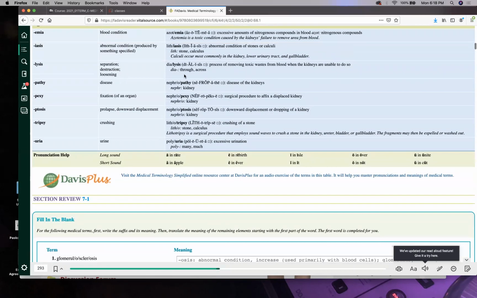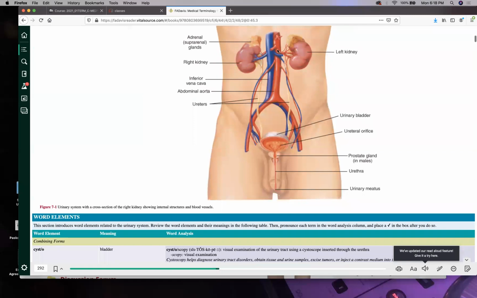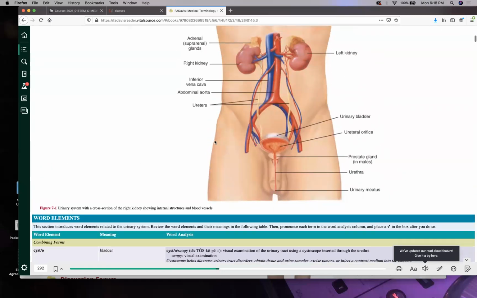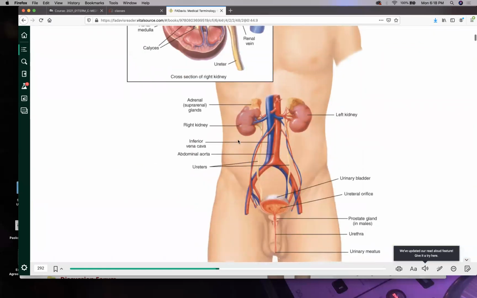Nephropexy. Now, this entire kidney is held in place by all these ligaments and musculature. And when we do a kidney transplant, or if I have to remove your kidney, repair it, and then put it back in, I have to perform a nephropexy, because if not, the kidney will fall down in here in your nether region.